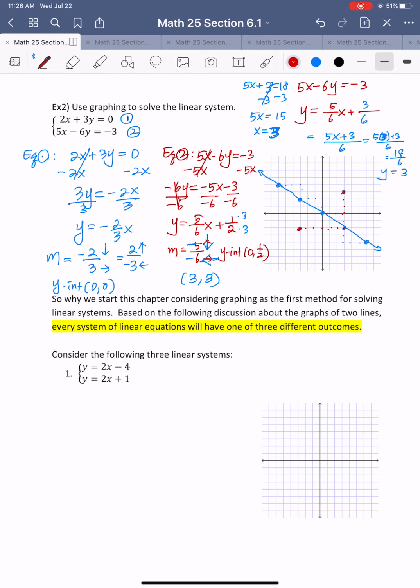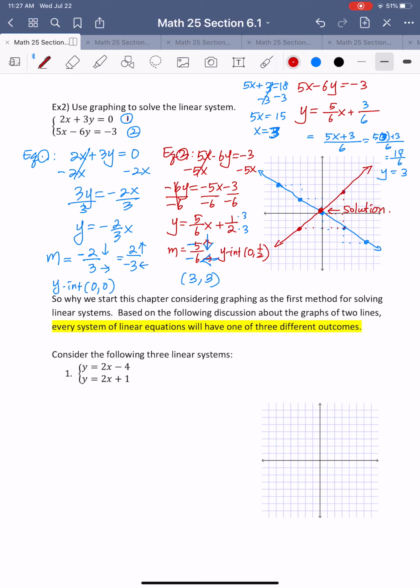So this is the line. The problem is they're intersecting here, so it's hard to read. I know this is the solution, but as a graph it's hard to read because the solution is at a fraction place. So I'm just going to say solution.